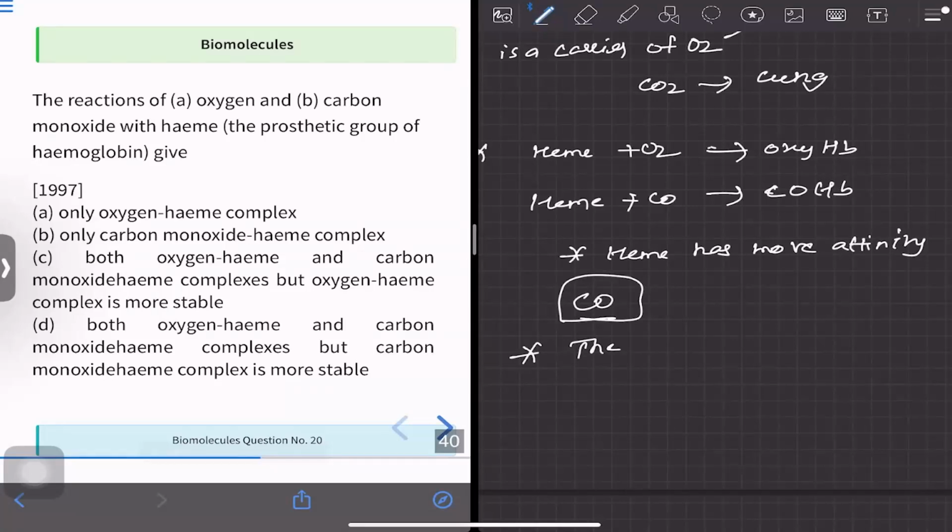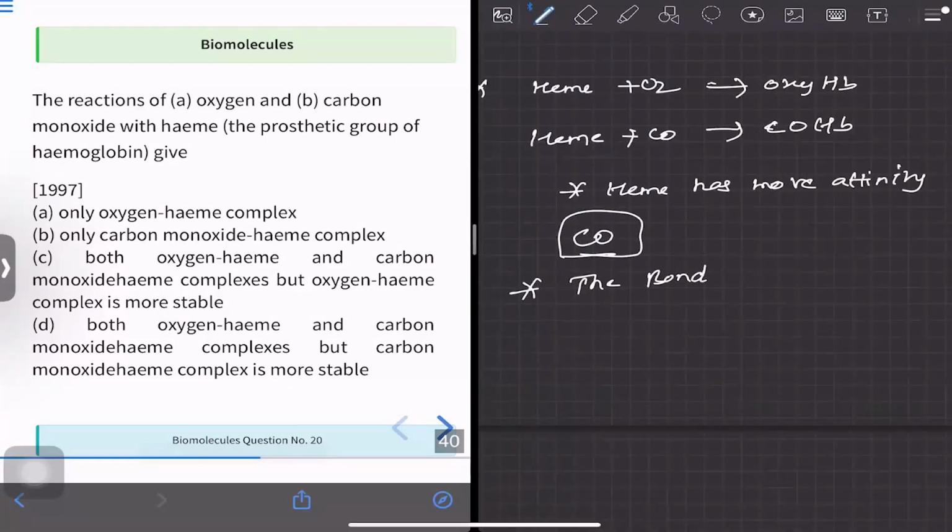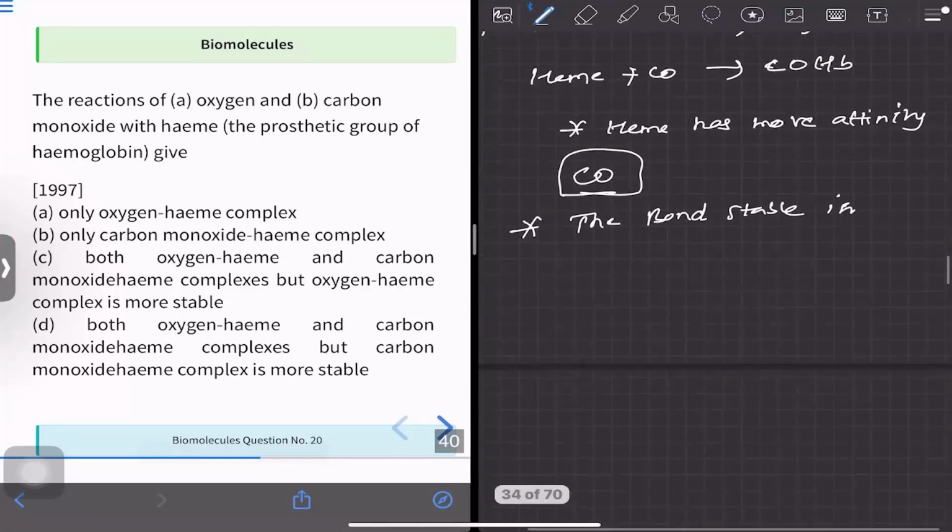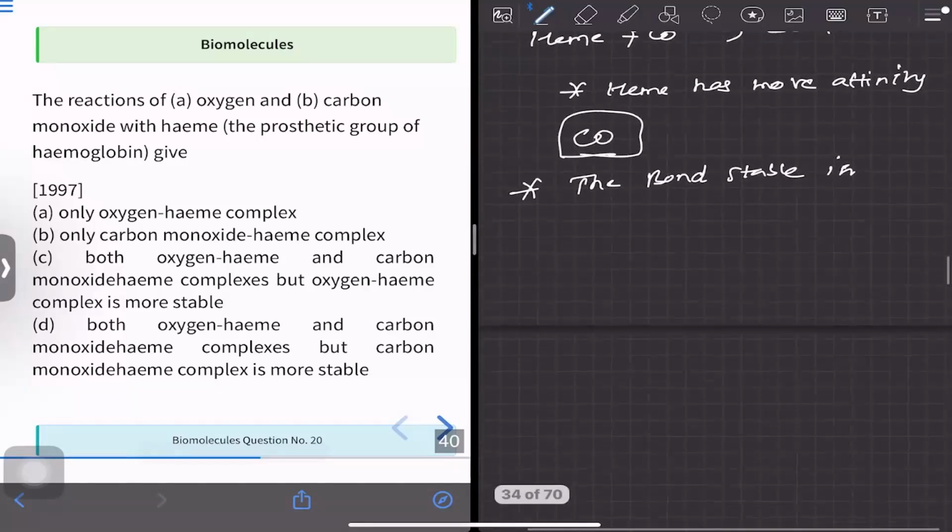The bond is more stable, so affinity is also increased towards carbon monoxide. The affinity of heme for carbon monoxide is greater compared to oxygen. So the bond in HbCO is more stable as compared to HbO2.